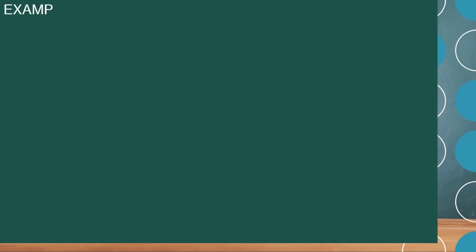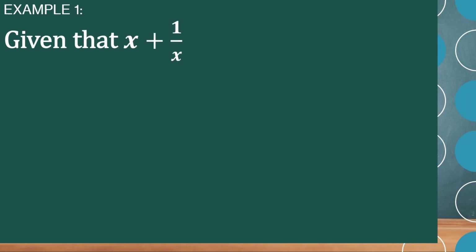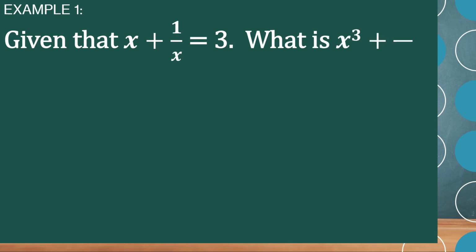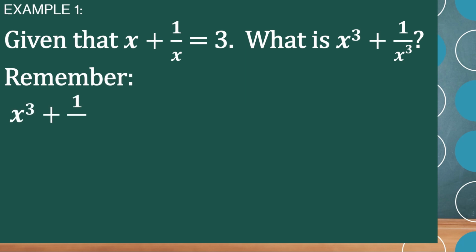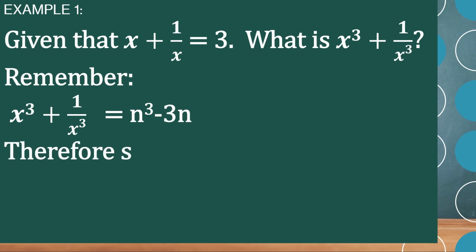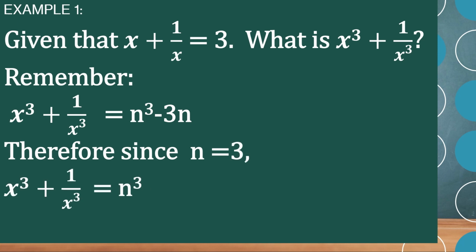So let's quickly look at this example and we will apply some of the things we have learned. It says, given that x plus 1 over x is equal to 3, what is x raised to power 3 plus 1 over x raised to power 3? Remember, we established that x raised to power 3 plus 1 over x raised to power 3 is equal to n raised to power 3 minus 3n.